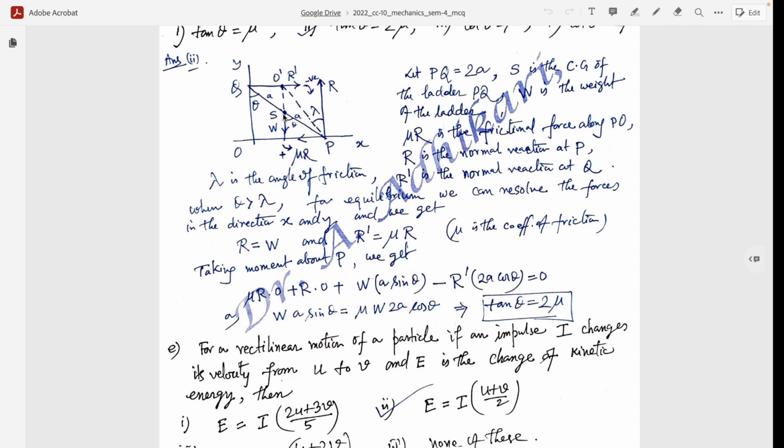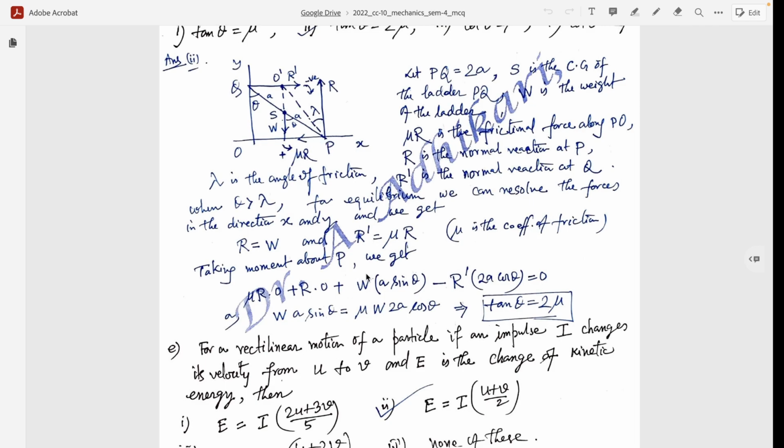Then only the moment of the force W about the point P remains. The perpendicular distance of W from the point P is A sine theta, because this is the angle theta and this is the distance A. And this is in the anti-clockwise direction about the point P.